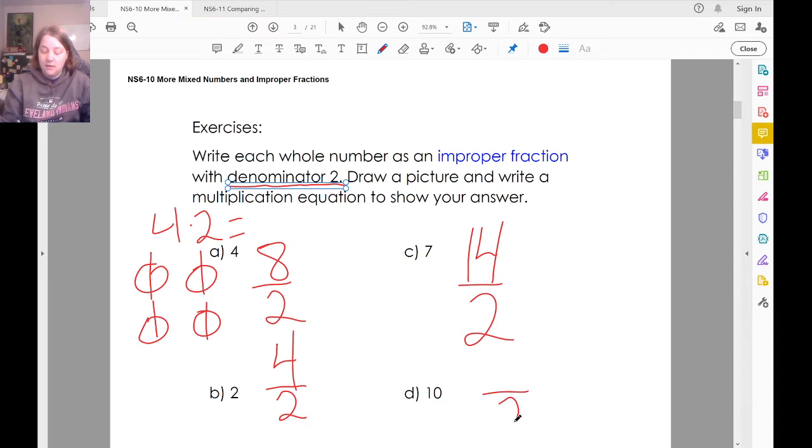This last one, cut them into 2s, so it takes 2 to make a whole, so that's my denominator. 10 pizzas, they each have 2 halves each. 10 times 2 is 20.